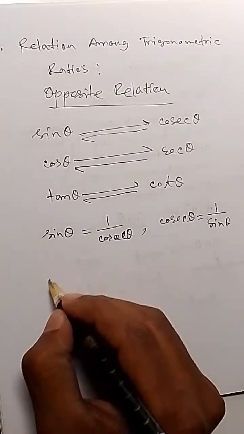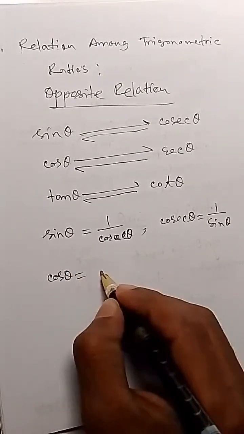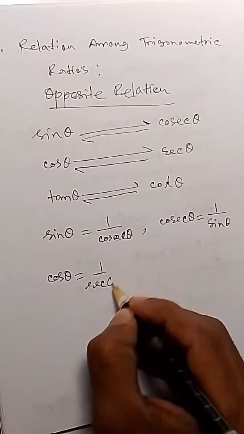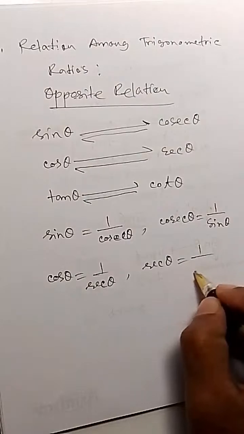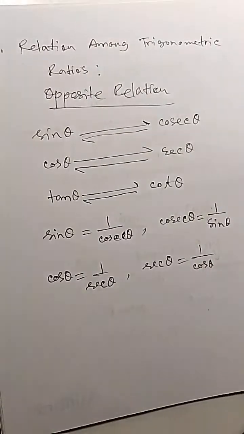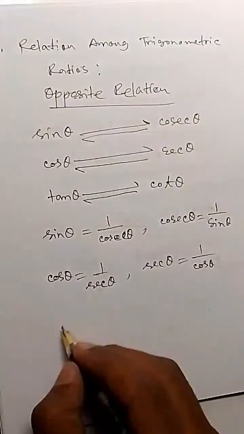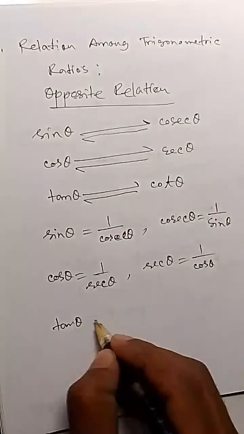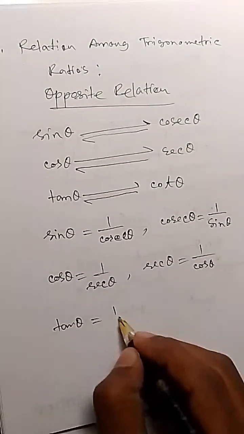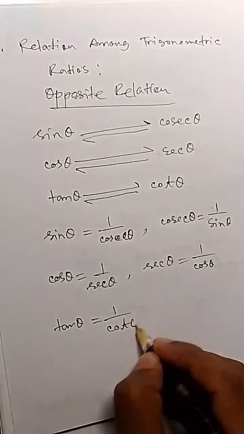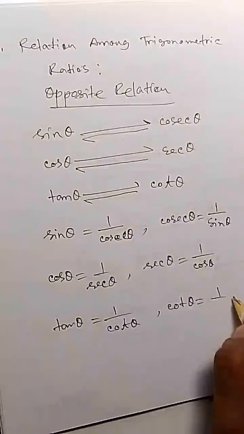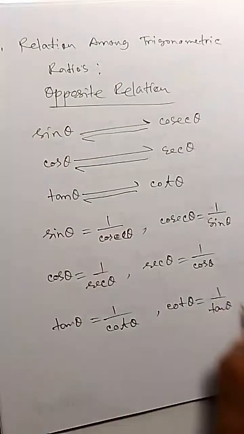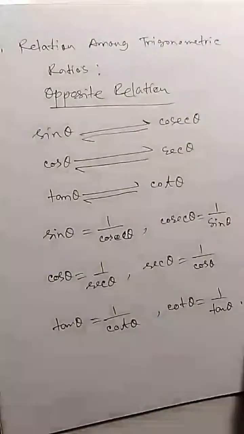Similarly, cos theta is equal to 1 by sec theta, and sec theta is equal to 1 by cos theta. And then tan theta is equal to 1 by cot theta, and cot theta is equal to 1 by tan theta.